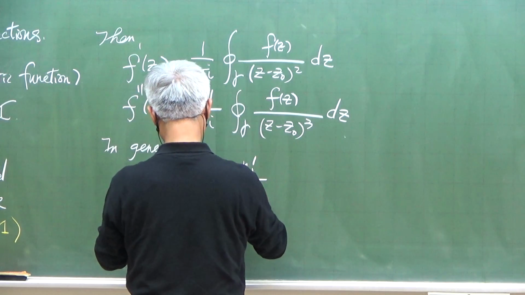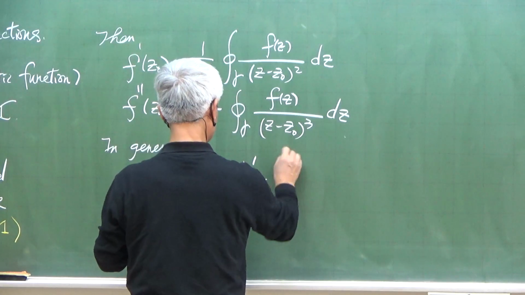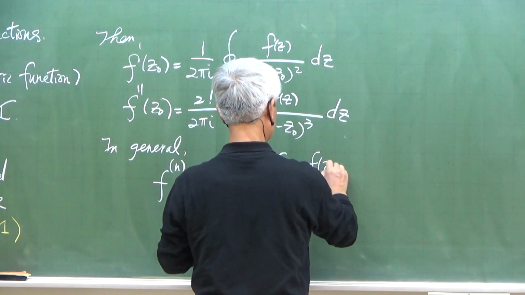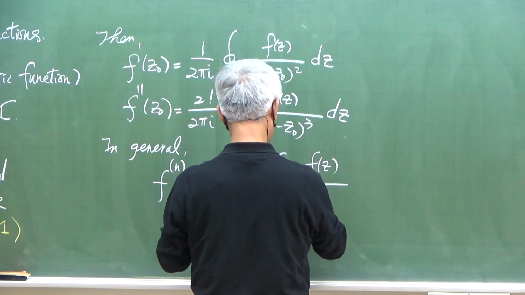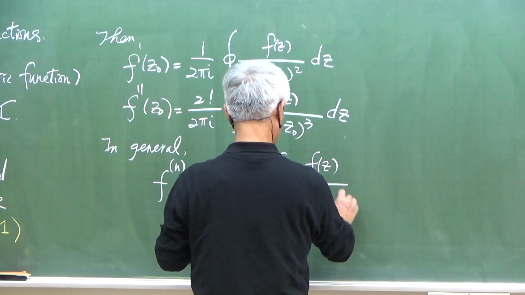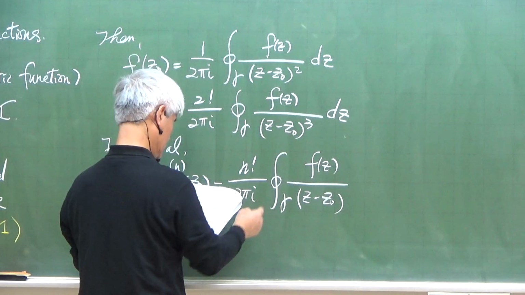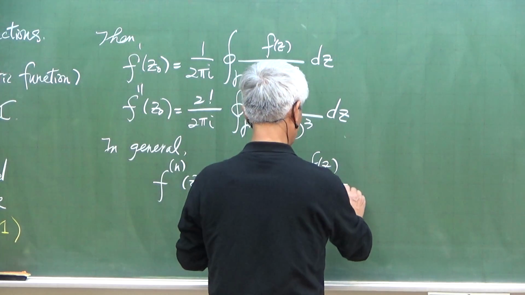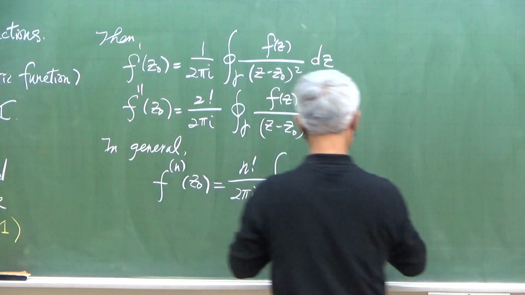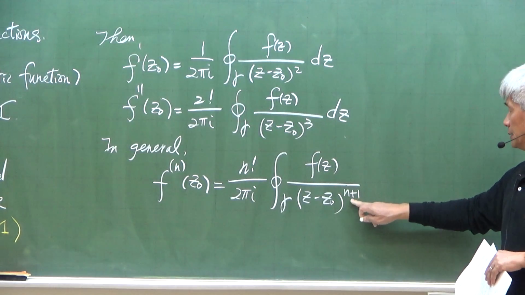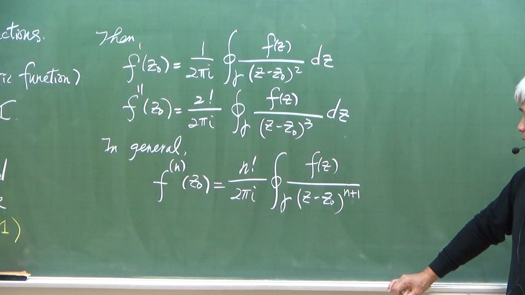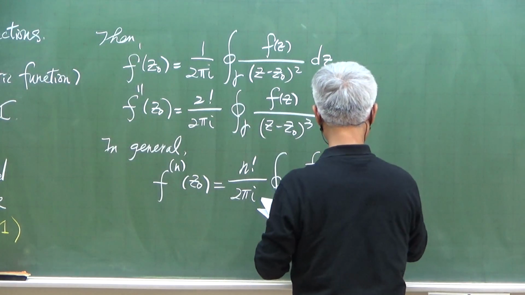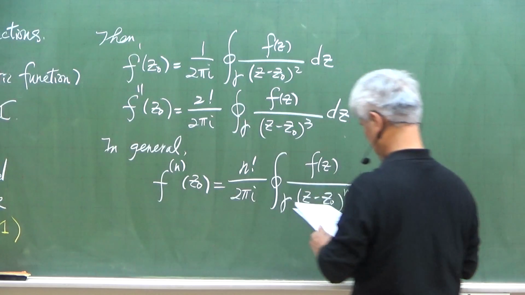And it is n factorial divided by 2 pi i, and then the complex integral along the simple closed path gamma, and here the power of the denominator is n plus 1.